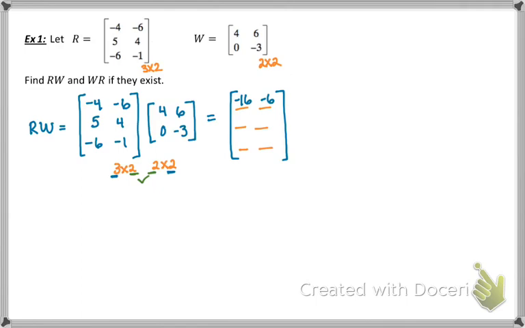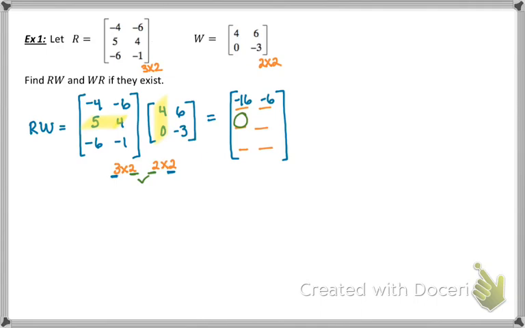Okay, moving on to the next row. My next element is in the second row, first column. And as you're doing this, it might be helpful, especially when the matrices are big, to use your fingers to cover up the rows and columns that you are not using so that you don't get confused.